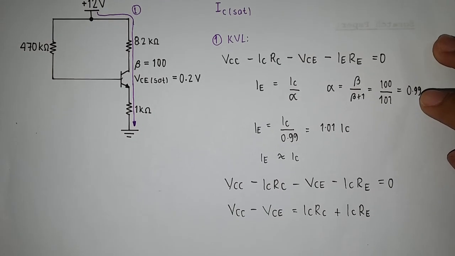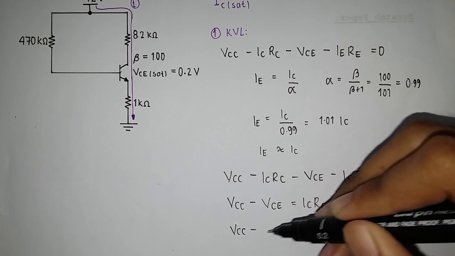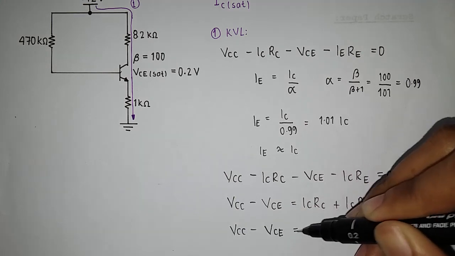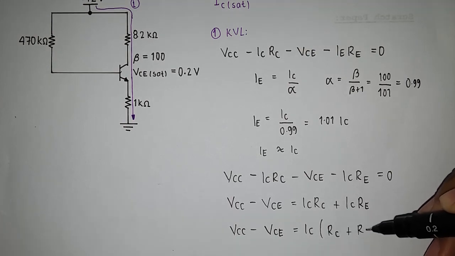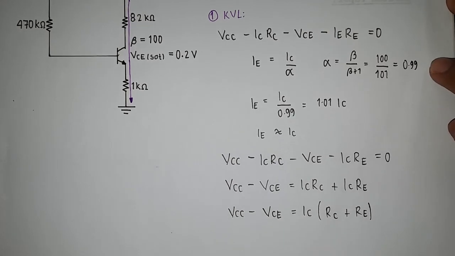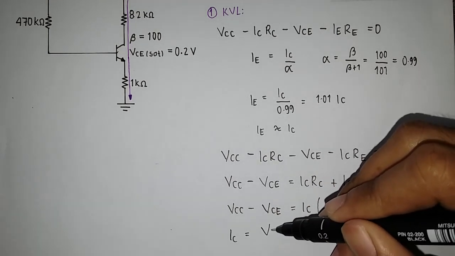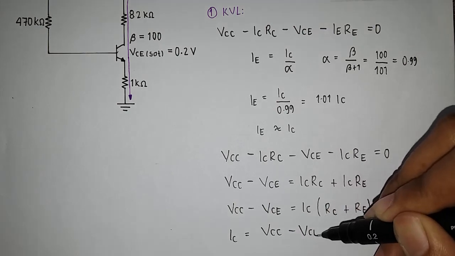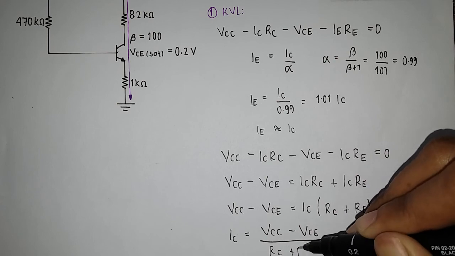And if factor out natin yung IC, makukuha natin VCC minus VCE is equal to IC multiplied by the quantity of RC plus RE. So divide lang natin both sides by RC plus RE. Makukuha natin na IC is equal to VCC minus VCE all over RC plus RE.